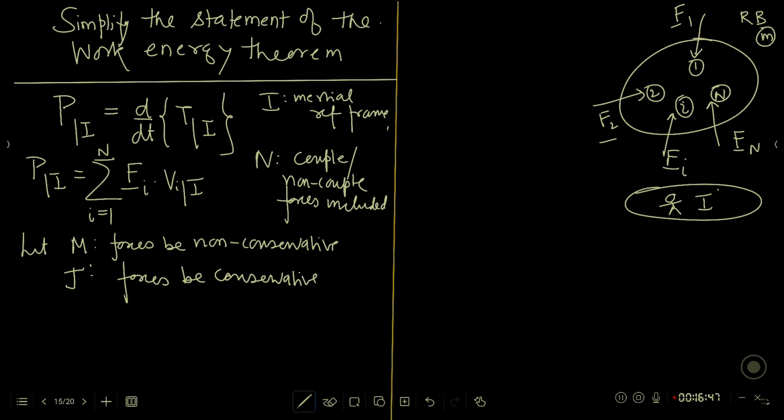Okay, we have n equals m plus j. We are making two groups, categorizing the forces into two different groups, conservative forces and non-conservative forces. Then I can write this Pi as two different summations.